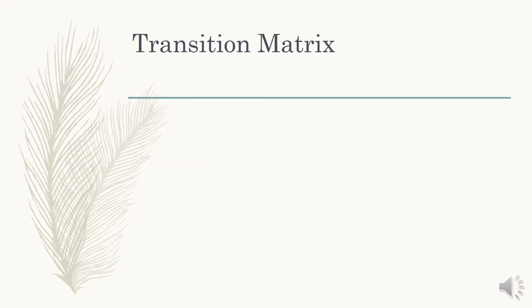What we want to do is make a transition matrix. So the transition matrix is you're going to put all the different probabilities into a matrix. And we can call it T for transition if we want.